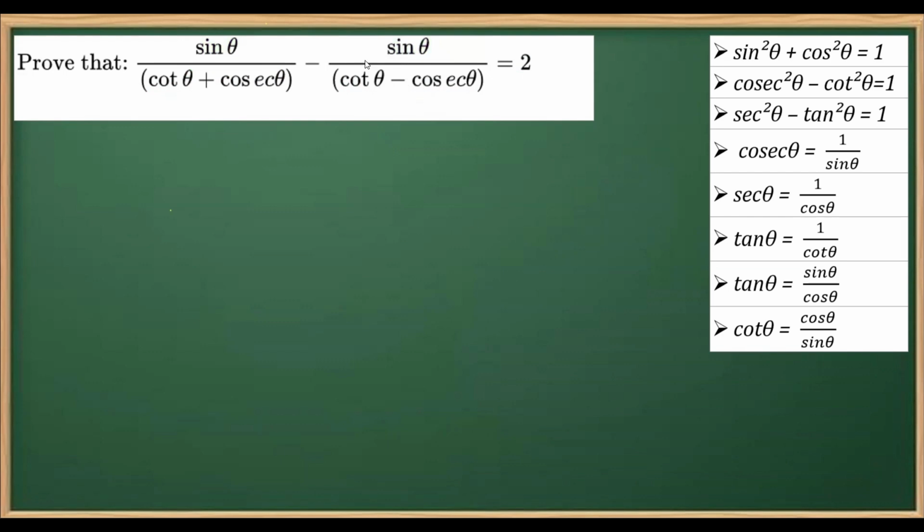But this is very important. The sums become very difficult if you do not take out things which are common. So I'll take sine theta as common, and inside the bracket we are left with 1 in the numerator and cot theta plus cosec theta in the denominator. And then we have a minus in between.